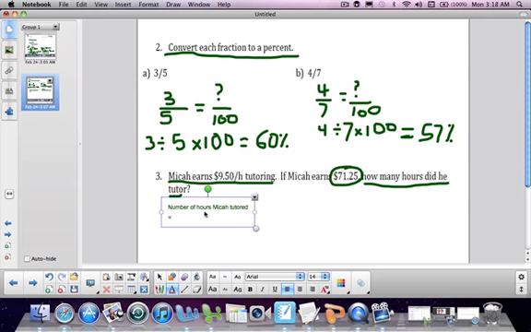That's going to be equal to $9.50. Nope, that's going to be equal to $71.25, and we're going to divide that by the amount the guy makes an hour for tutoring, $9.50 per hour. So we're going to punch 71.25 divided by 9.50 into our calculator, and it should give us how many hours he worked.